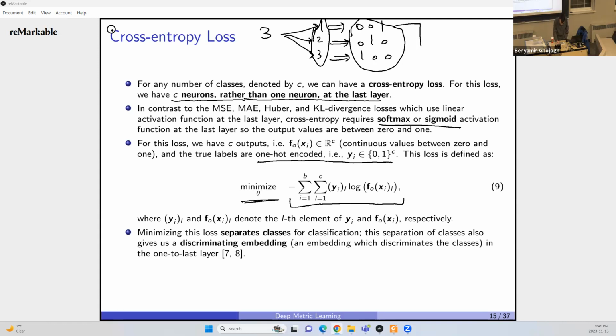We use one hot encoded labels so their Hamming distance is the same. Right? So minimizing this loss separates classes for classification. This separation of classes also gives us discriminating embedding. You see that? Discriminating. Again, do you remember? The one to the last layer can be used as the embedding layer, which separates the classes.